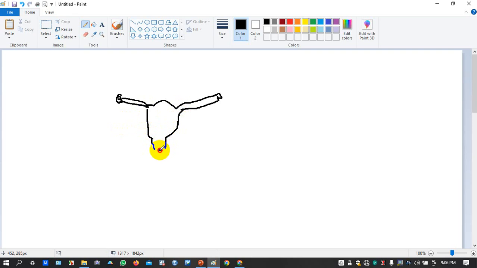We have the external os of the cervix, the external hole, and the internal hole of the cervix. We call it the cervical os. Then we come to your vagina. But inside this os, there is a mucus that is blocking sperm or anything from entering the cervix. We call this mucus the cervical mucus block.